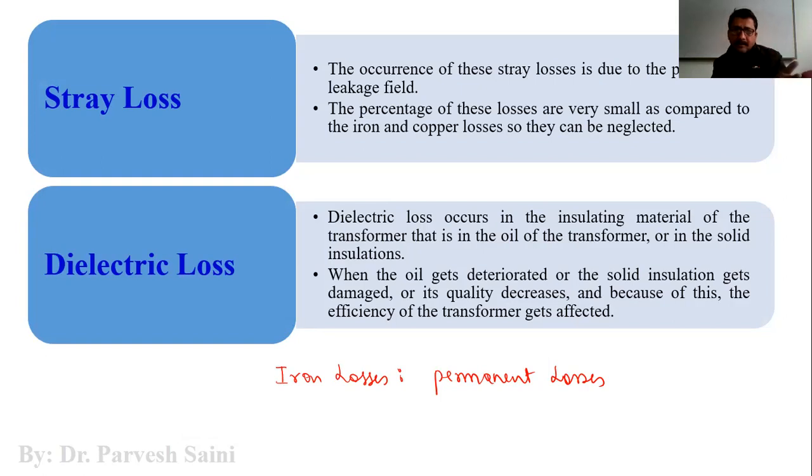It would be rated current or no load current, that is a different thing. But in the primary circuit, the current will keep on flowing. It is only the secondary which could be open or closed, but the primary will remain closed. So the current keeps on flowing, and the losses in the core of the transformer will be there. So these iron losses are known as permanent losses.